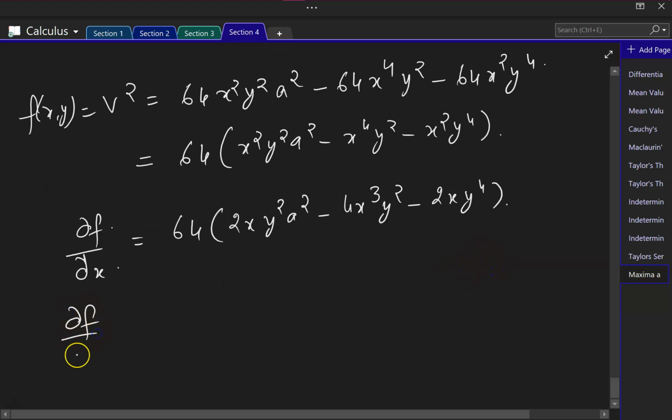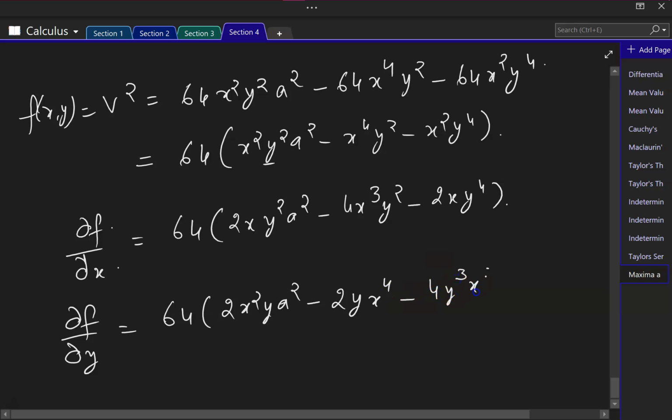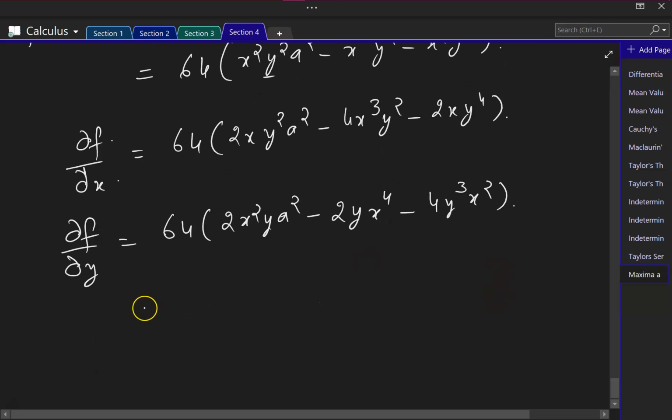Now dou f by dou y, partial derivative with respect to y. So 64 times 2x square y a square minus 2yx4 minus 4y cube x square. Yes.